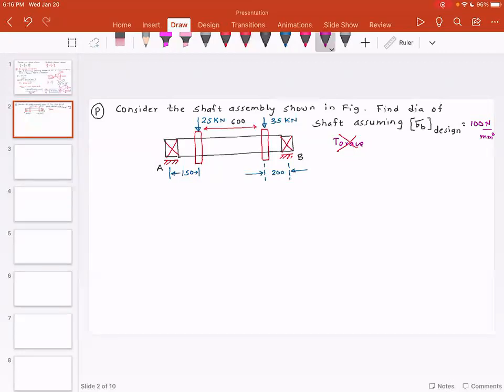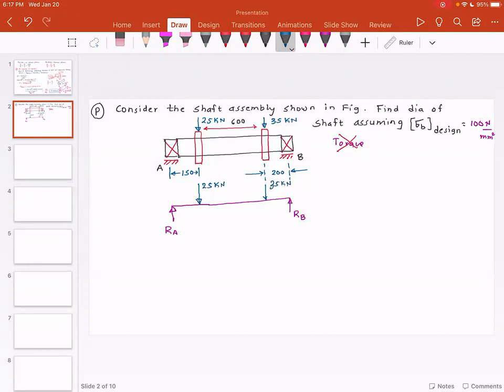If I were to draw the free body diagram, or the schematic or the layout, I'm going to see a reaction on the left hand side and a reaction on the right hand side. There is going to be a downward load of 25 kilonewton, and a downward load of 35 kilonewton.